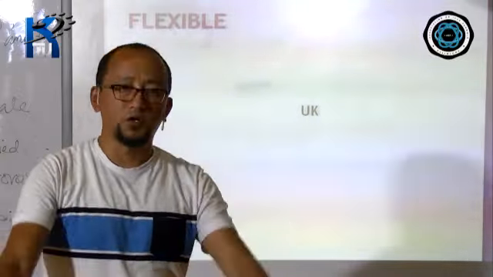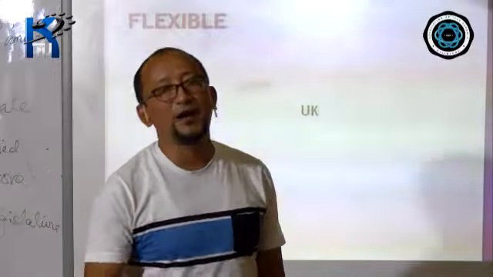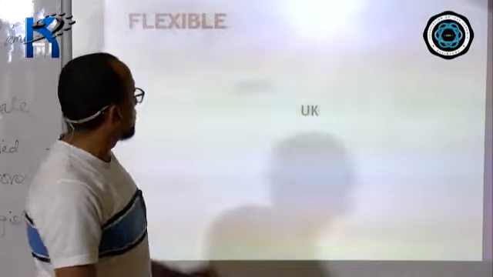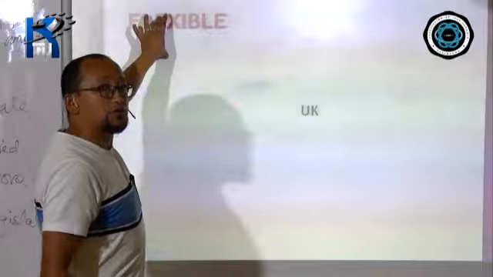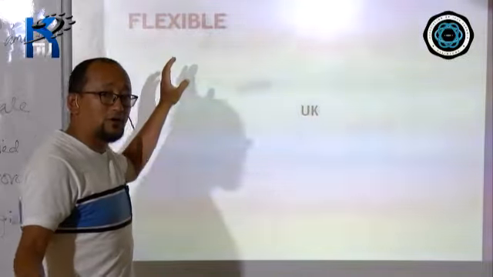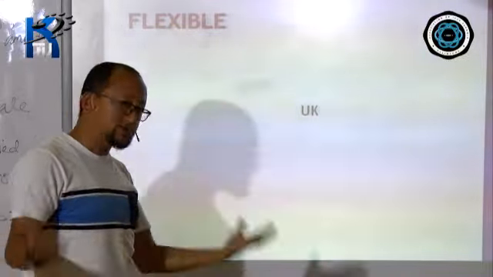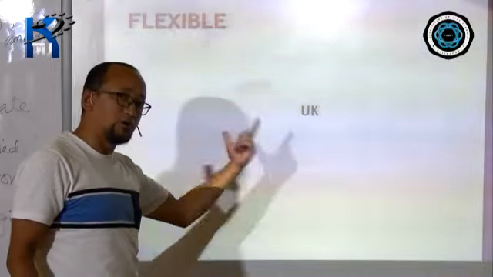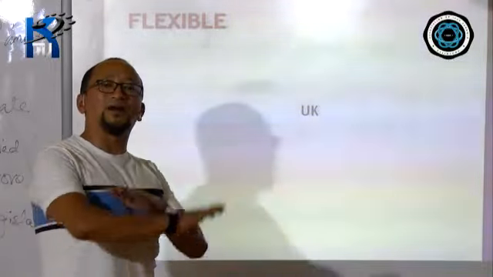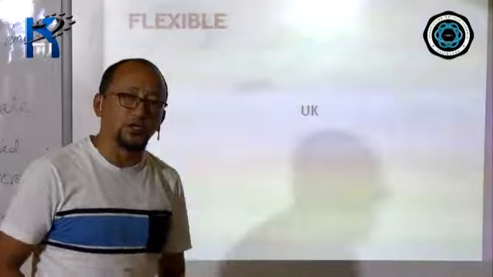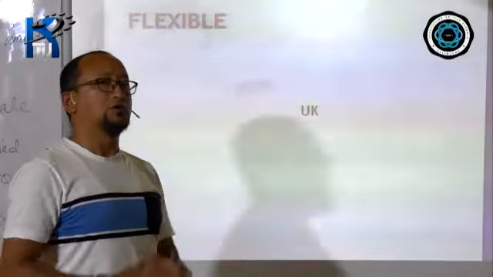And primarily you can say the House of Commons can amend it by simple majority. So flexible constitutions are those which you can amend by simple majority or in a simple manner. And the best example, UK, where the British Parliament can amend it by simple majority, be it an ordinary law or the constitutional law. I hope you are getting it.